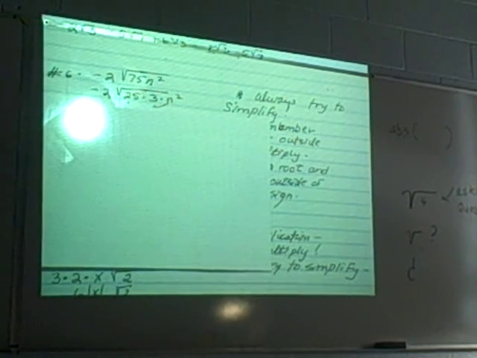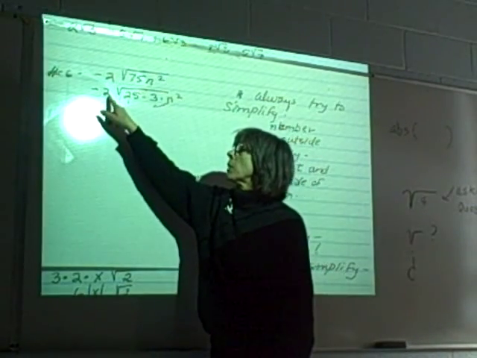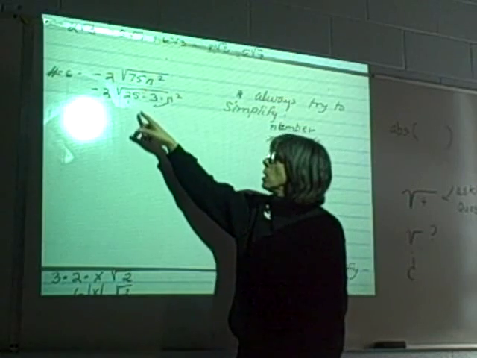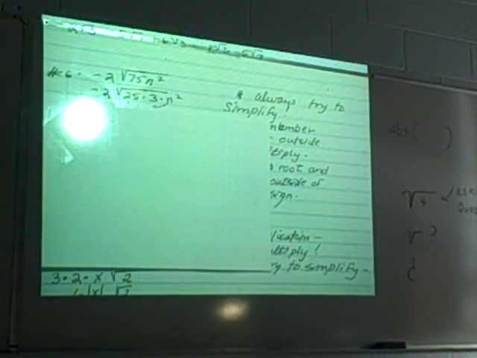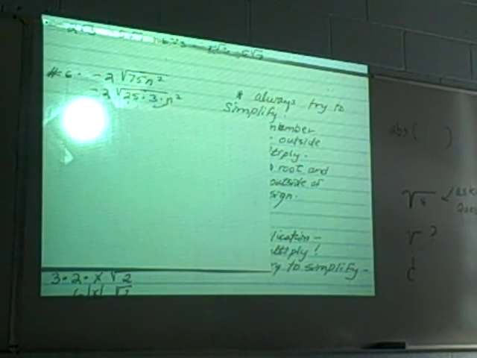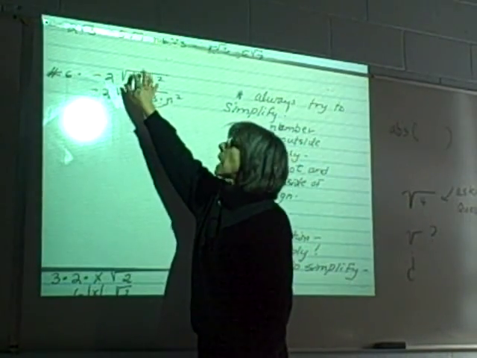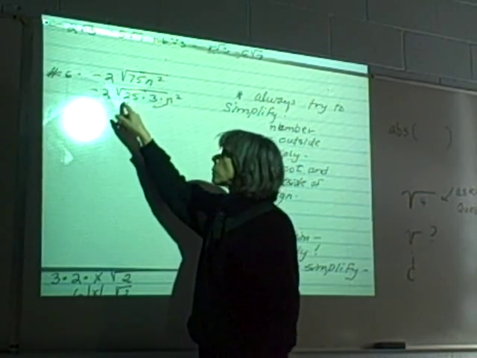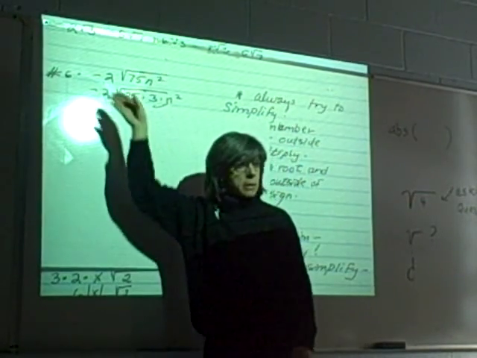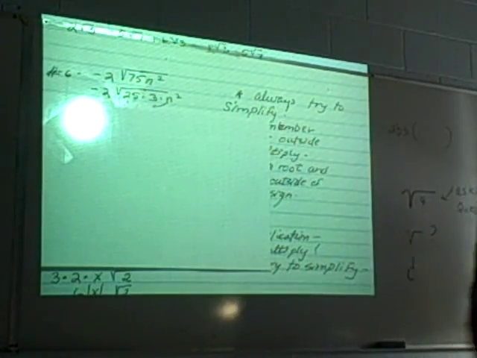Okay, and you need to remember, this time I have a numerical coefficient here. It happens to be a -2. So when this 5 comes out, what happens to that 2 and then the 5? Yes, it's a multiplication process. Because remember, this is saying -2 times whatever this number is. And if I answer the question, the square root of 25 is 5, that's coming out, but it's -2 times that 5.